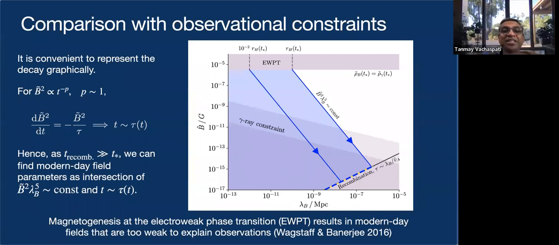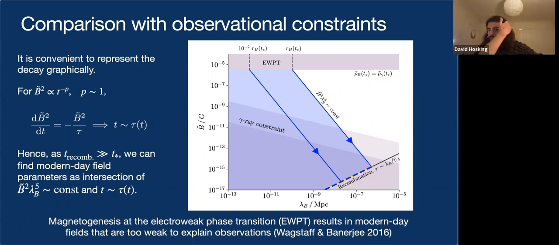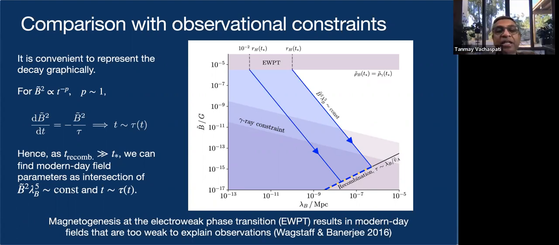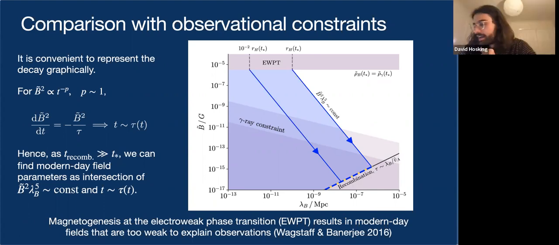Let's ask a question about this plot. You have this gamma ray constraint, so anything below that line is a constraint. Now, what's the second line? Yes, good point, I didn't say that.